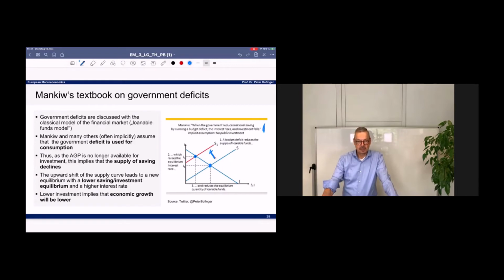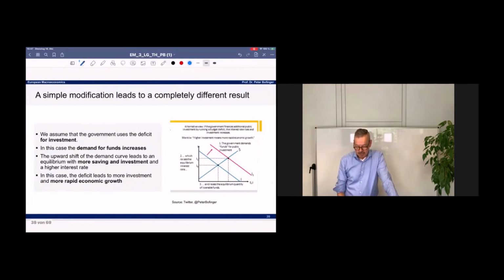And then let's see, even in the classical model, what happens. If we assume that the government needs funds for additional investment, the logical way to show this in our chart is to assume that there's an additional demand for funds in the classical model for investment, and it means that our investment demand curve shifts upwards, so that the demand for funds increases, and there's no need to do something with a saving schedule.